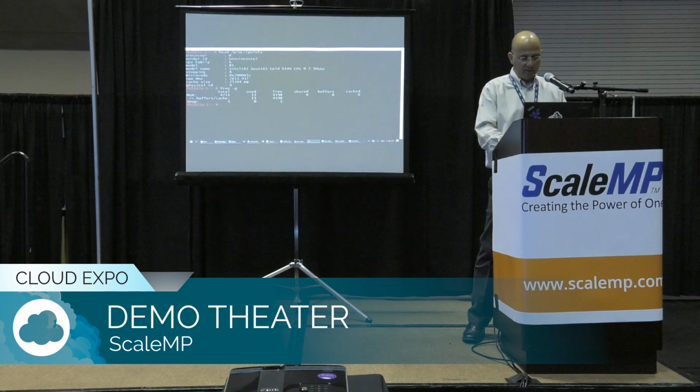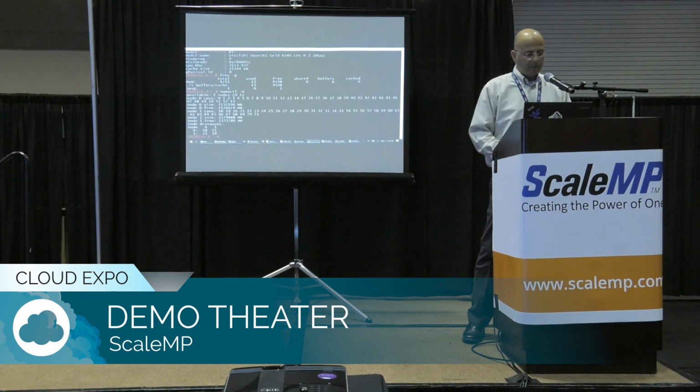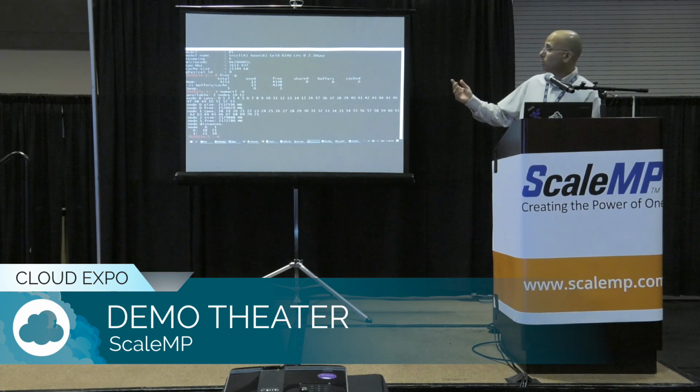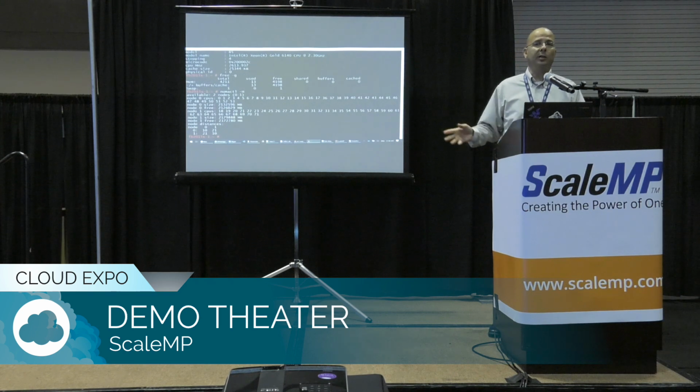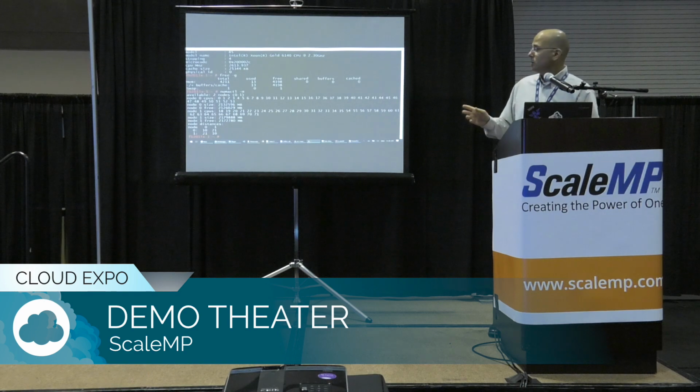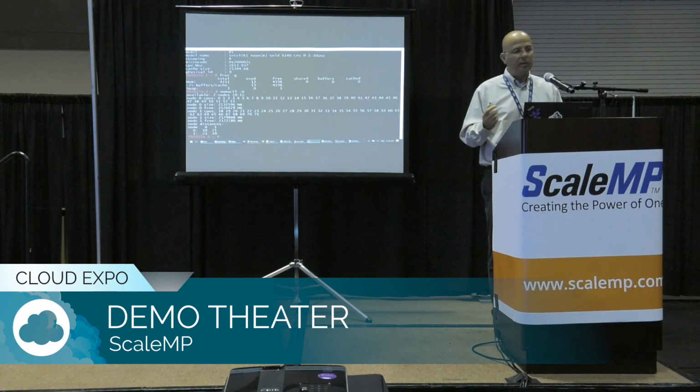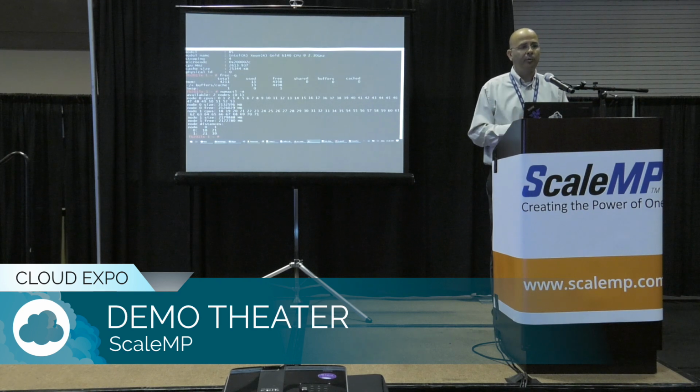It's completely transparent. If I do numactl -H to show me what the memory architecture looks like, I just see two NUMA nodes with CPUs and a lot of memory on them. That's it. There's nothing special in that machine that makes me need to redo my code, do anything different than I have done before.